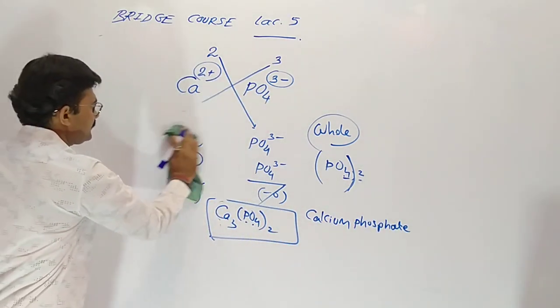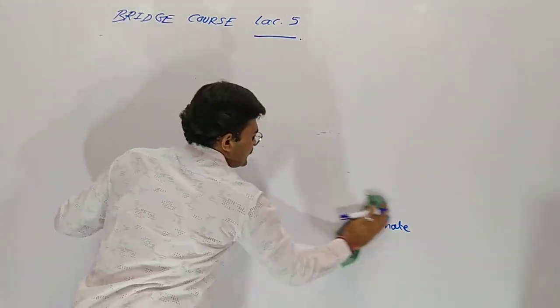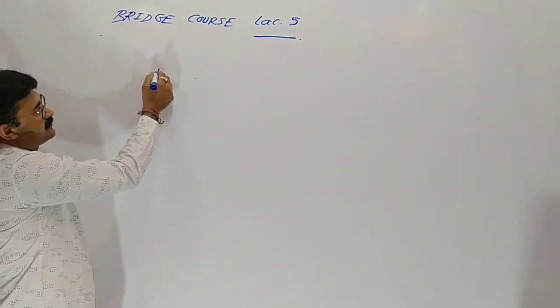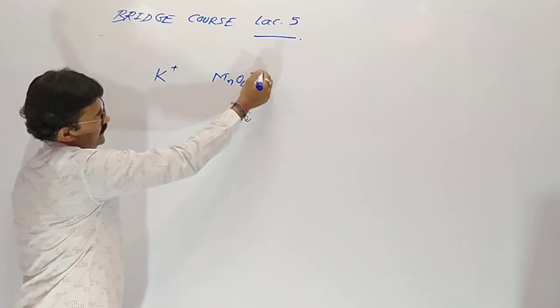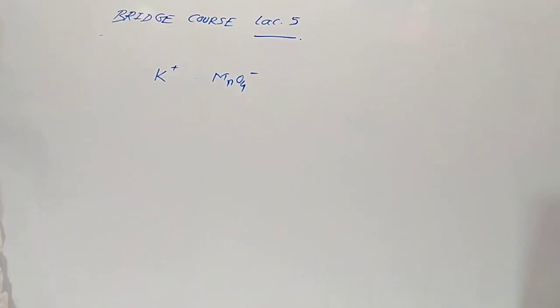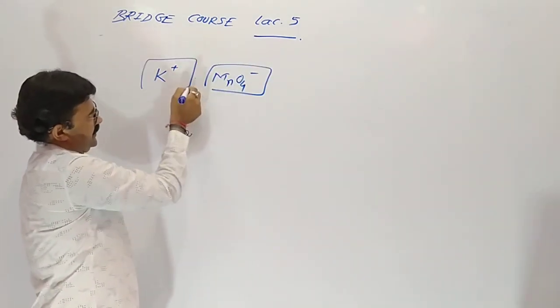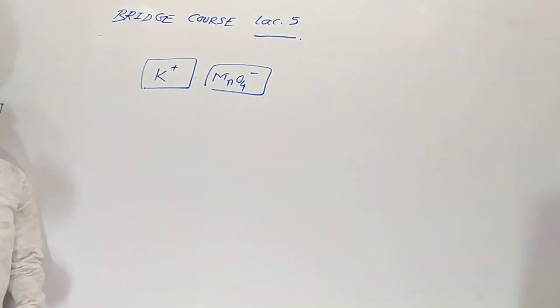Understood? Now K plus and MnO4 minus. K plus means potassium, MnO4 minus. In the last lecture we discussed the name of the negative ion: permanganate.